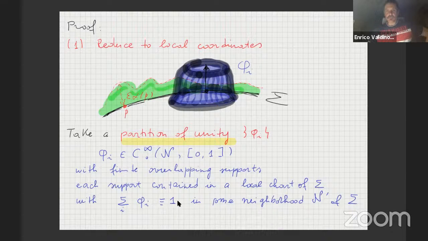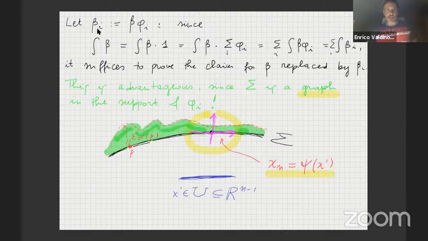Okay, and this is a beautiful trick because you write 1 as the sum of the phi_i. So if you define beta_i to be beta times phi_i, instead of looking at the integral of beta, you can look at the integral of beta_i. And so whatever you prove for beta_i, up to a linear summation, you prove it for beta.